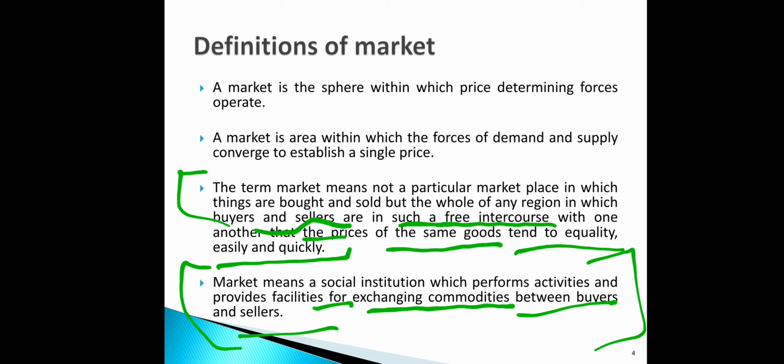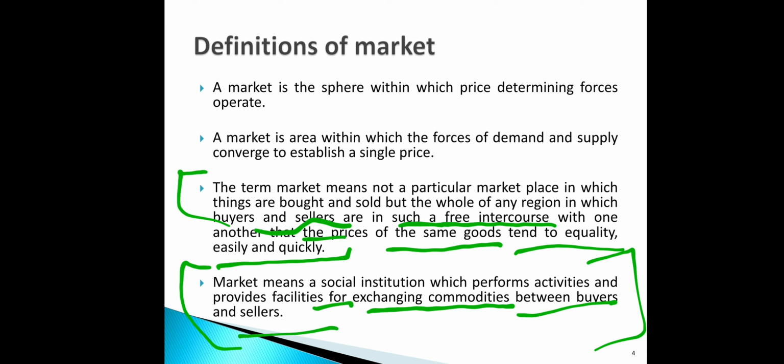This definition makes clear that a market is a social institution that performs activities. So which are those activities? Activities related to marketing, and it provides facilities for exchanging commodities between buyers and sellers.